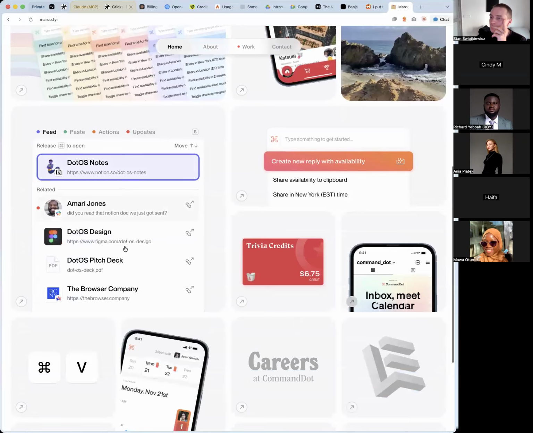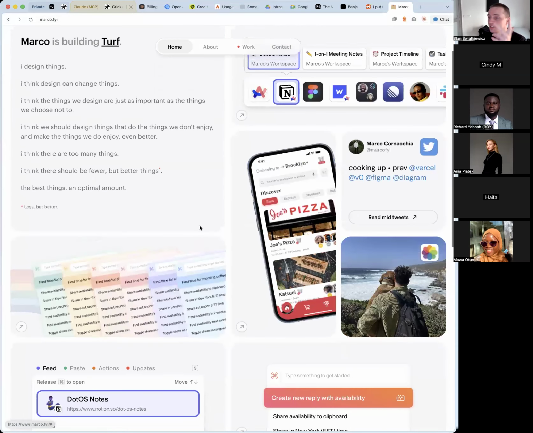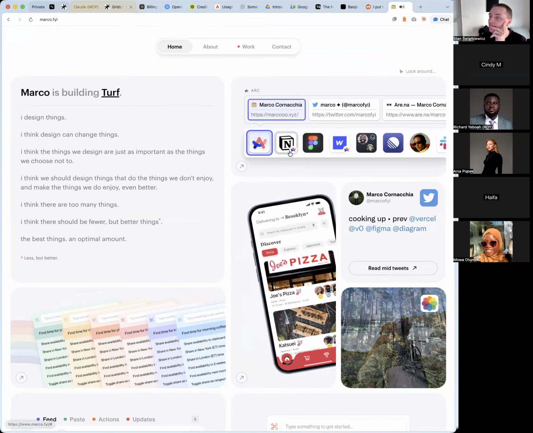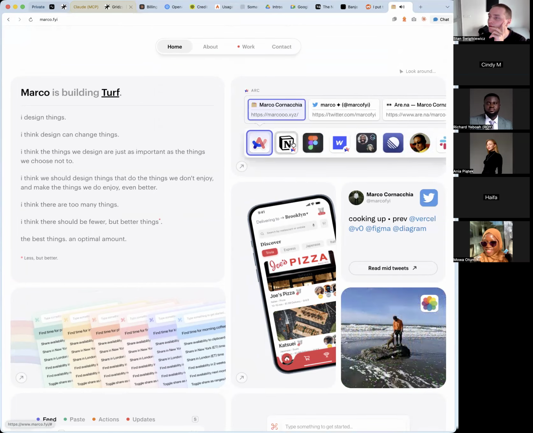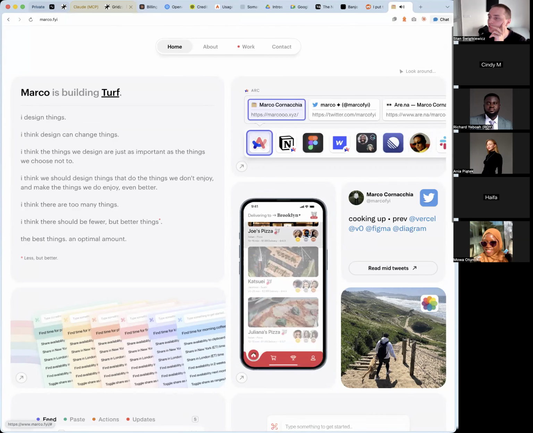Okay, this is some designer over here. And you know what I like about this portfolio? I see it for the first time, so I'm just going to give it a rough take. I don't have to read, and everything is interactive. Look at it. It's fun. You see it? Nice. Linear. Oh, so Arc, Notion, Figma, Webflow, Linear. So I can get a grasp of what this person does.